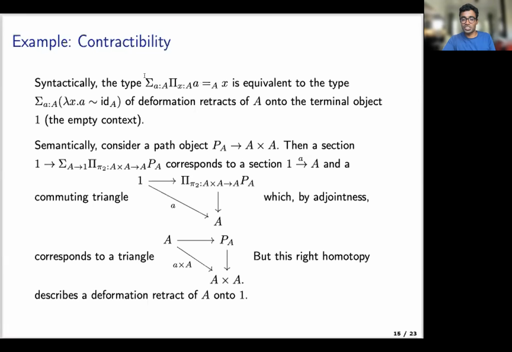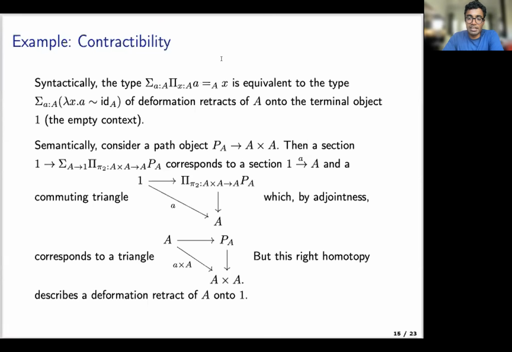It's a mere proposition of contractibility of A, right? It says that a proof of contractibility of A is that A is inhabited by some little a, and that every element is equal to that a via the pi type.